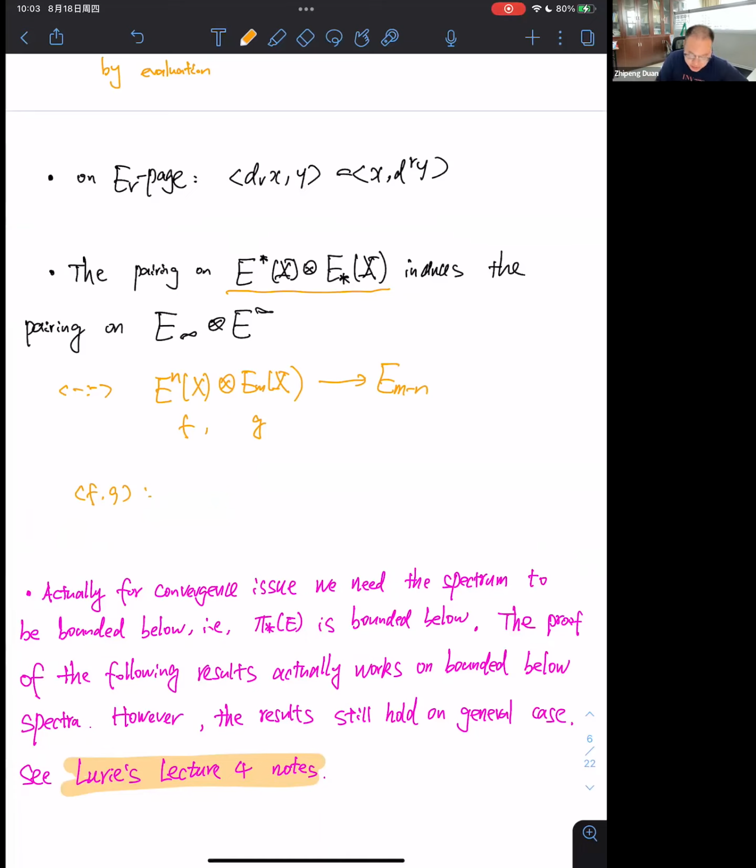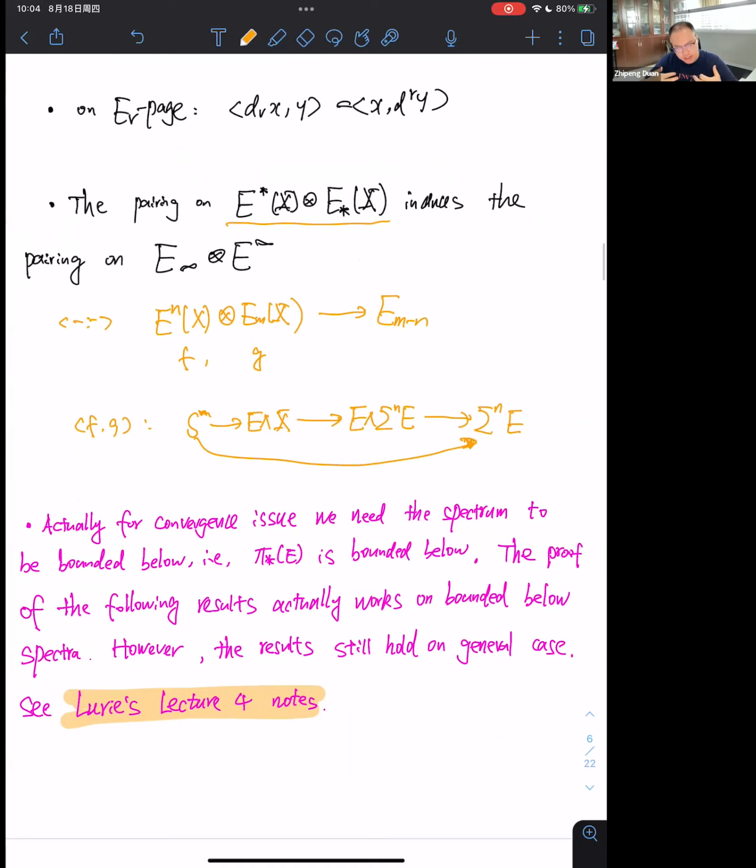If you start with the class g, you have a map from the m-sphere to E smash X. Then you apply the class f, mapping X to the n-fold suspension of E, so it maps to E smash the n-fold suspension of E. And because E is a ring spectrum, you have a multiplication, so it maps to the n-fold suspension of E. This composition is the pairing of f and g in generalized homology and cohomology.